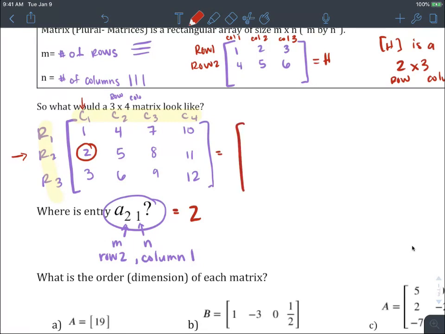So this 3 by 4, let's name this matrix G. The first entry is G sub 1, 1. So row, column. The second entry would be, excuse me, sorry, wrong.